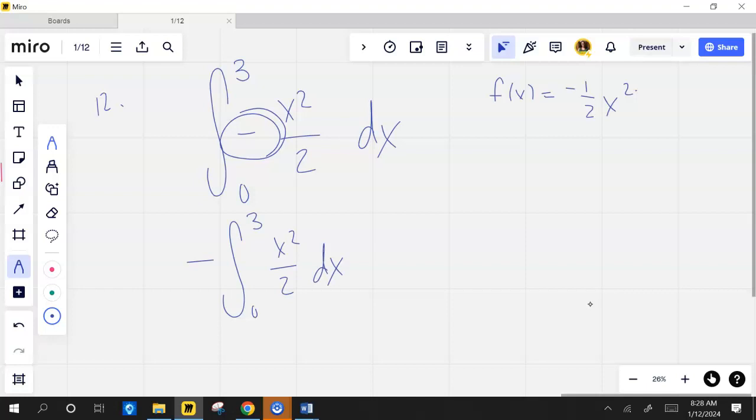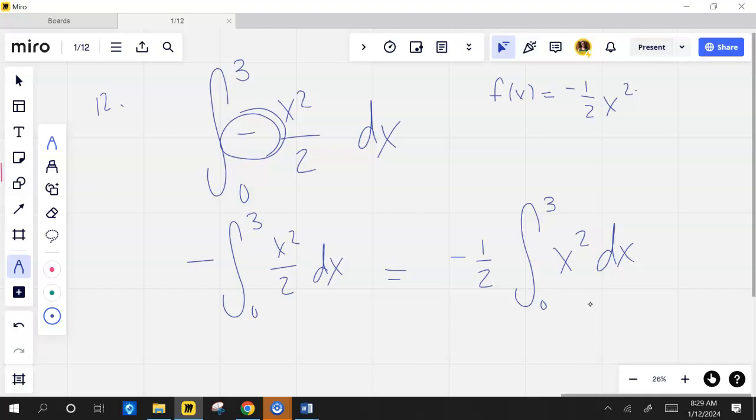And in fact, I could also pull out the coefficient. I find that easier if I'm working this problem. I'd rather find the antiderivative of x squared than negative 1/2 x squared. Do you remember that coefficient rule? If it's got a coefficient, I can just plop it outside.